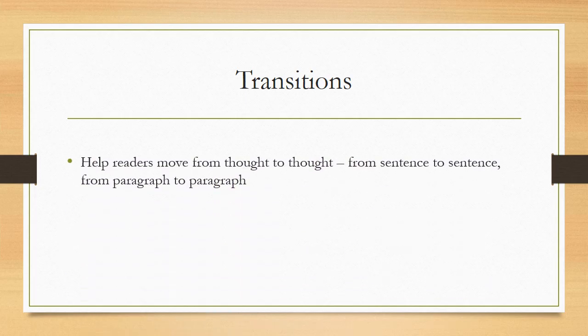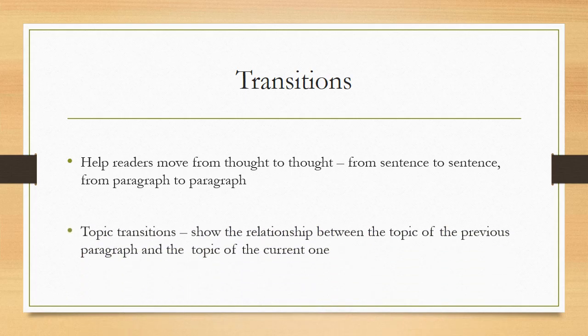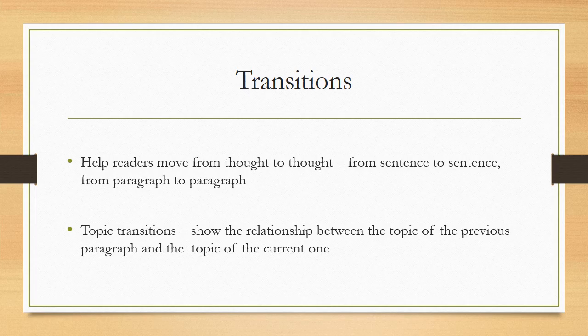They help readers move from thought to thought, from sentence to sentence, from paragraph to paragraph. Topical transitions. A topical transition, think topic sentence, right? So you're combining topic, sentence, and transition here. They show the relationship between the topic of the previous paragraph and the topic of the current one. So if you've got 3 or 4 supporting points, what is their relationship to each other?